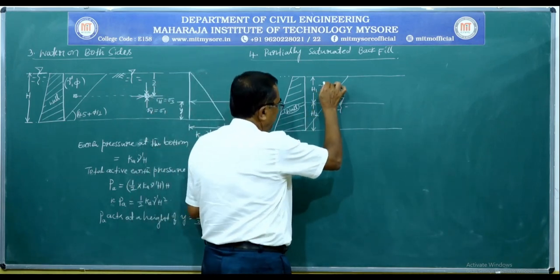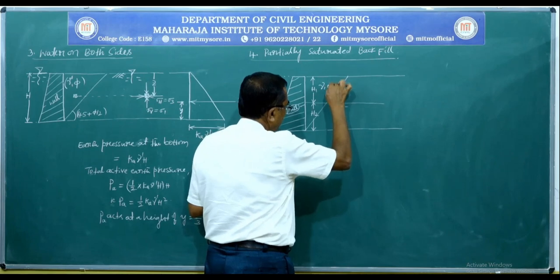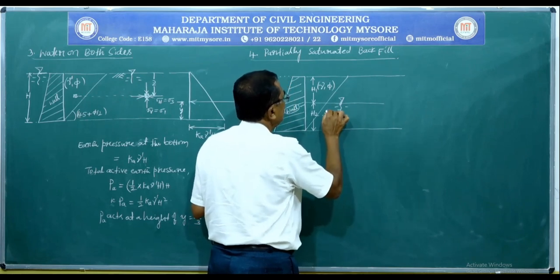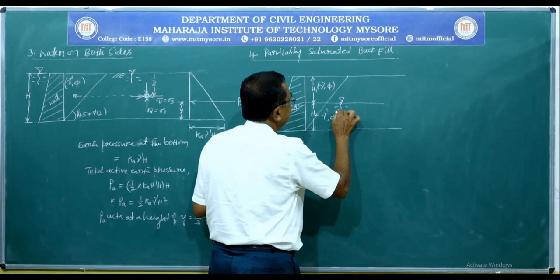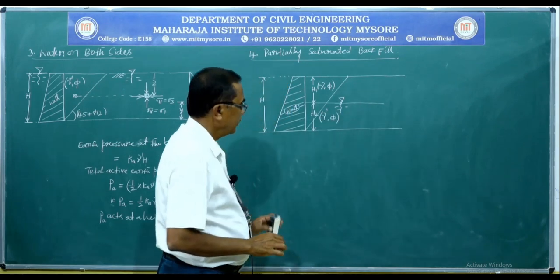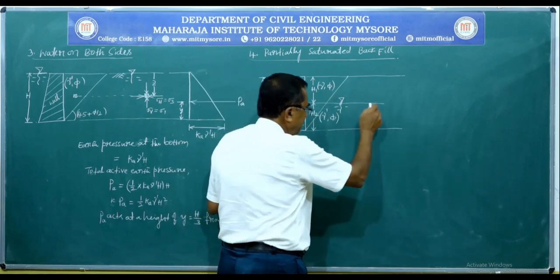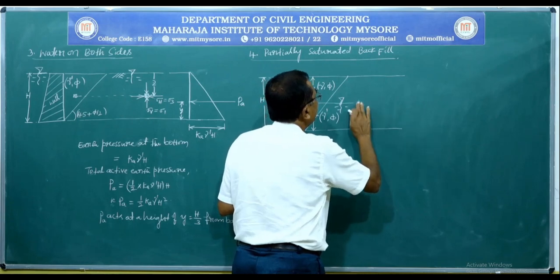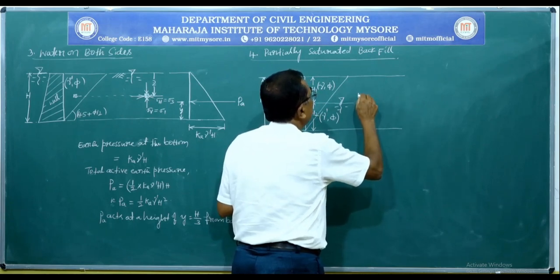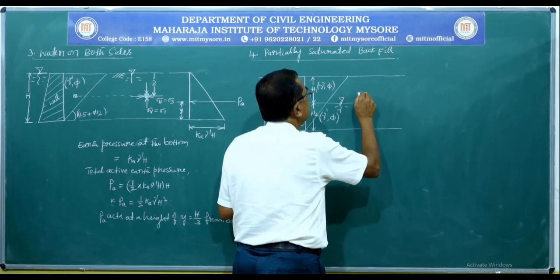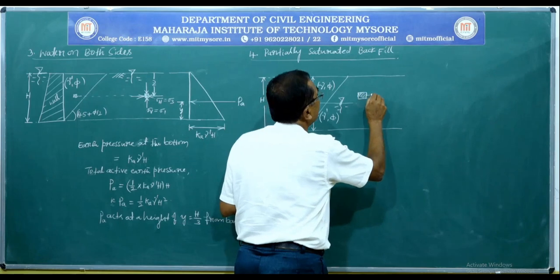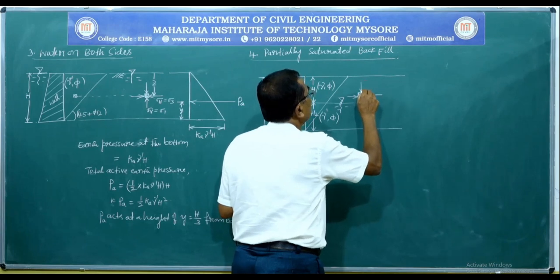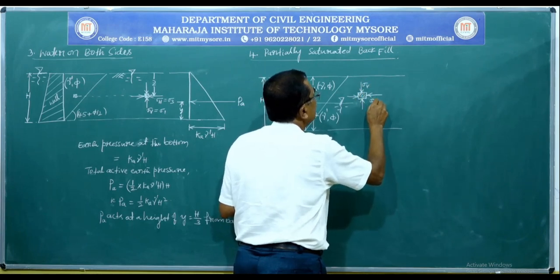Here it is gamma and phi for the soil, and the rest of the surface soil again it is gamma dash and phi. If you consider the elemental area at the back of the wall, we can write that the stress distribution will be same, sigma v, sigma h.